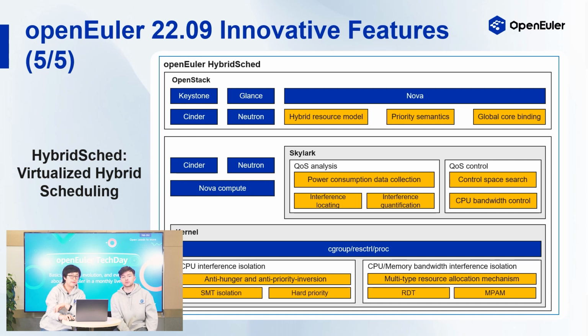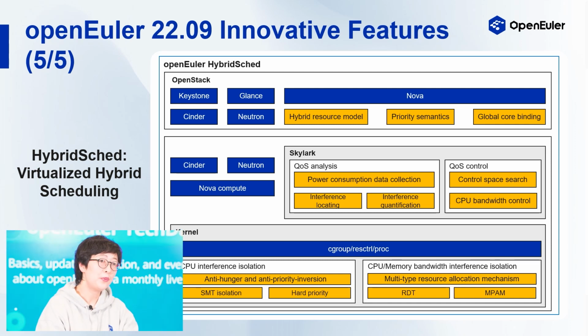Skylark is interesting as well, as it is a QoS-aware resource scheduler built for setups where both high and low priority VMs are deployed together. It improves physical machine resource utilization while ensuring the QoS of high priority VMs.